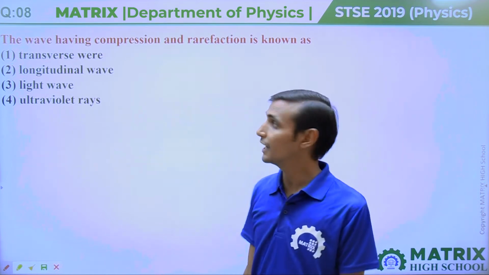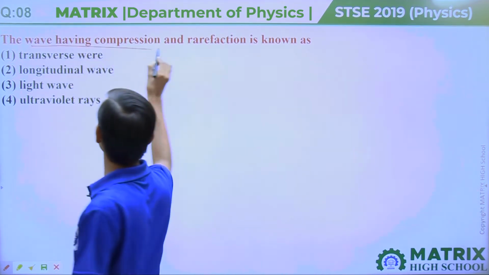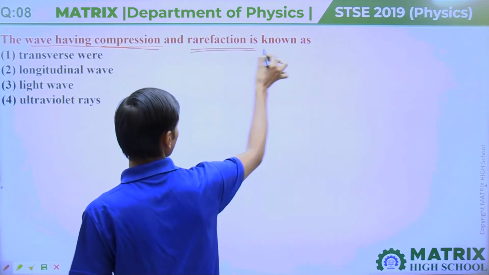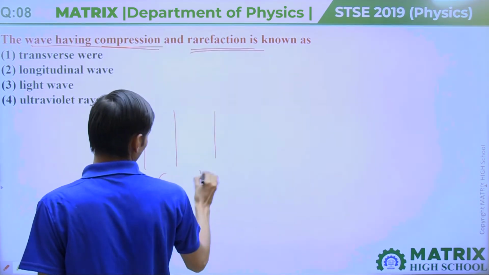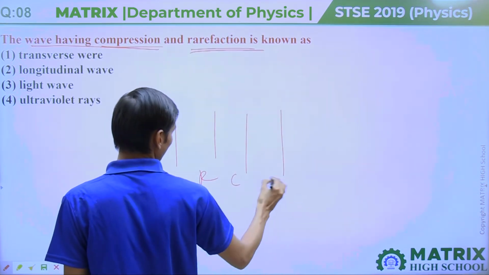Next, question number 8. In this question, the wave having compression and rarefaction is known as... we know, compression, rarefaction, compression, rarefaction.